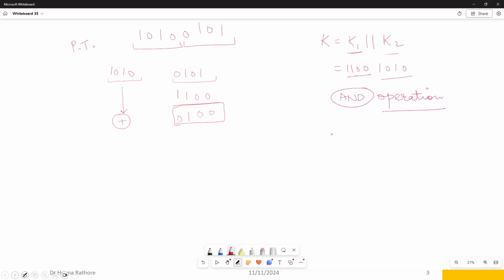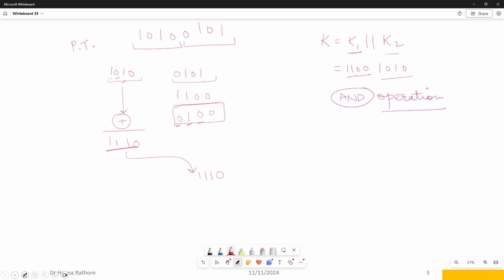So 1 and 0 gives 1, 0 and 1 gives 1, 1 and 0 gives 1, and the last one, 0 and 0 gives 0. This becomes the right-hand side: 1110.